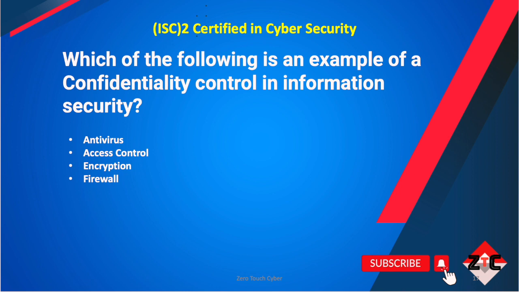It uses mathematical algorithms to scramble the data, making it unreadable to anyone without the proper decryption key. Encryption ensures that the data remains confidential and secure during transmission or even in storage. So the correct option is the third one, encryption.